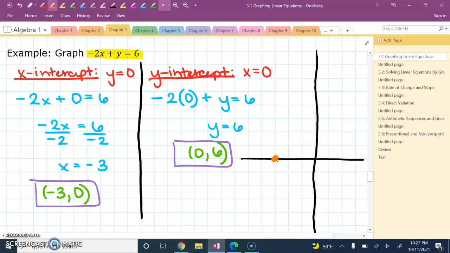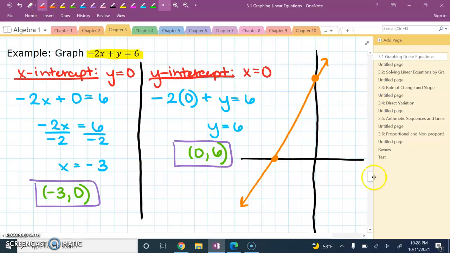And the other one is at 0, 6, which means I would go up 6 on that y-axis to draw those 2 points. And like we talked about when we were graphing in slope-intercept form, I said that you really only need 2 points in order for you to be able to graph the line. So you should be able to connect those 2 points and create your line.